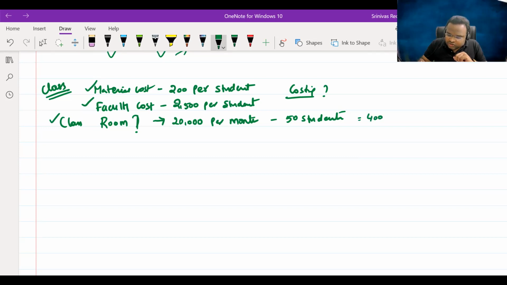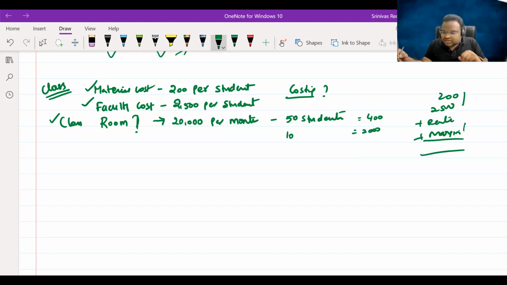If 10 students come, each student should pay 2,000. And total 200, 2,500 plus rental cost plus margin I'll charge them. First you need to pay these two. The remaining two will be discussed later, based on the number of students attending. Will you accept? You may get into doubt.